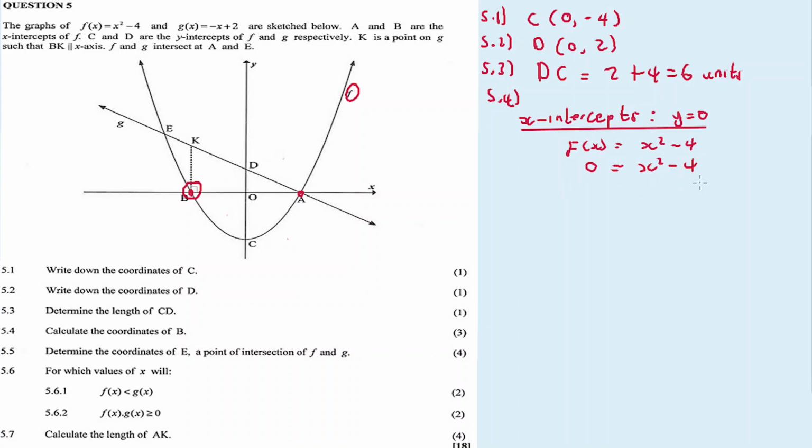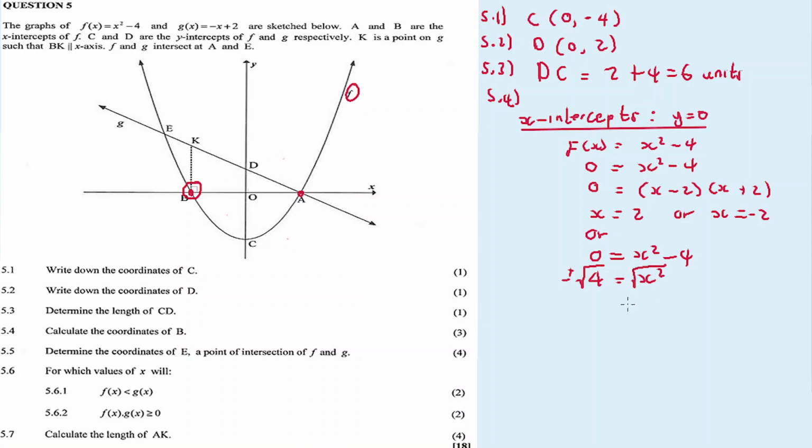I see a difference of two squares: (x minus 2)(x plus 2), so x is positive 2 or x is minus 2. Or you can approach it this way: transpose the minus 4 to get positive 4, so x squared equals 4. Then I take the square root, plus or minus, on both sides, since I want x and not x squared, so x is equal to plus or minus 2.